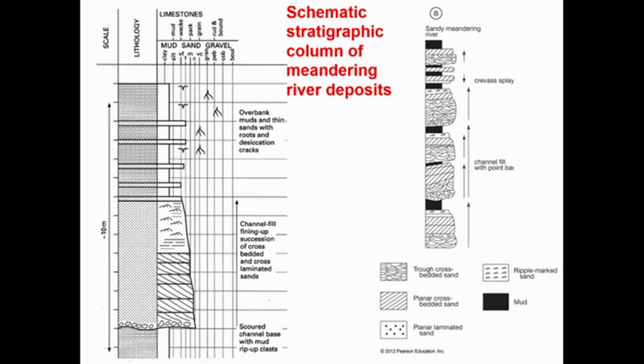For example, this is a sandstone, this is sandstone with gravel, these are shales, and this is shale interbedding with sandstone. These columns only use patterns to differentiate different lithologies.